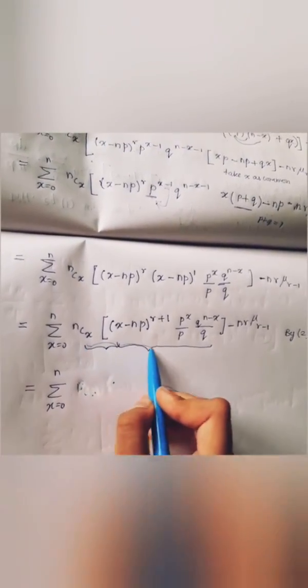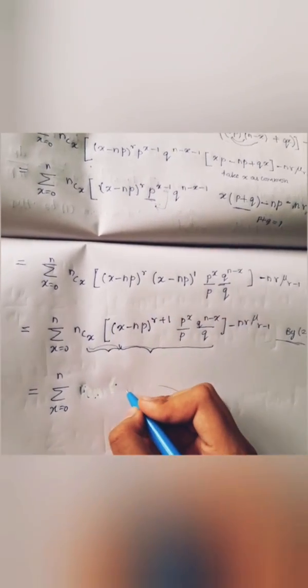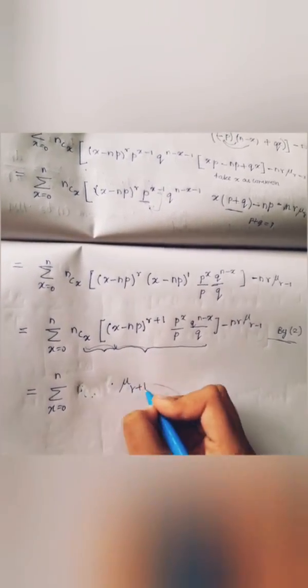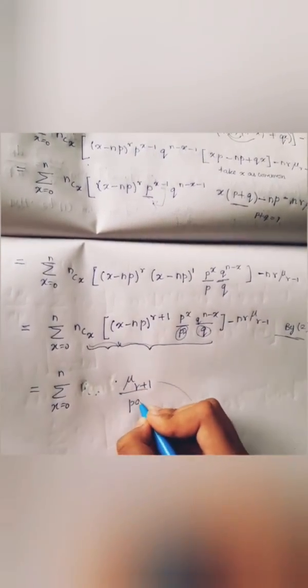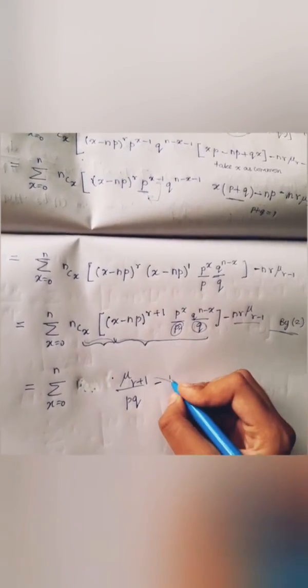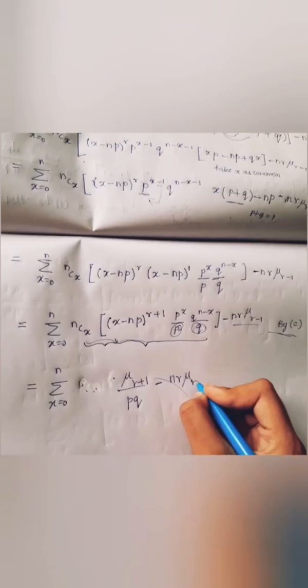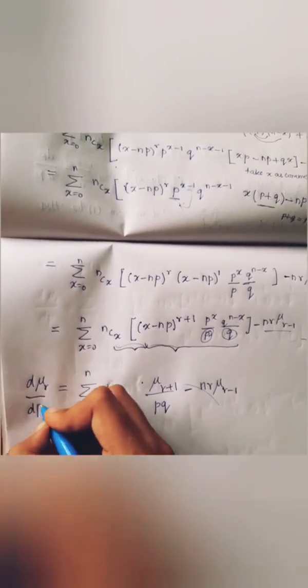By equation 2, we can write that as mu r plus 1. Then we have denominator p and q, so we are writing it in the denominator, minus n r mu r minus 1. In the left hand side we have d mu r divided by dp.